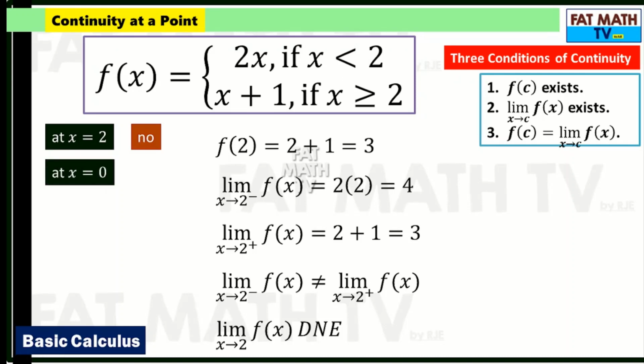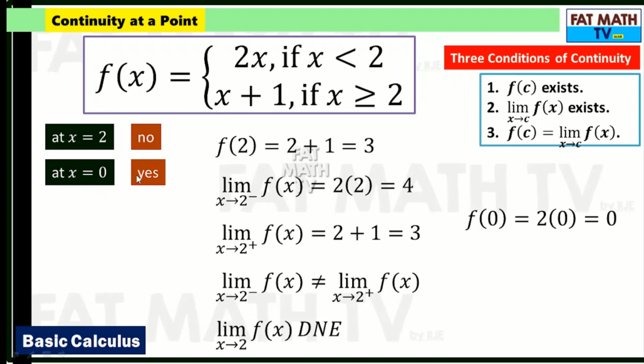How about at x equals 0? X equals 0 is less than 2. So you have to substitute here. F of 0 is 2 times 0, because that's 2x, which equals 0. And the limit will also be that one because we only have a critical number at x equals 2. So at other values of x, the function is continuous.